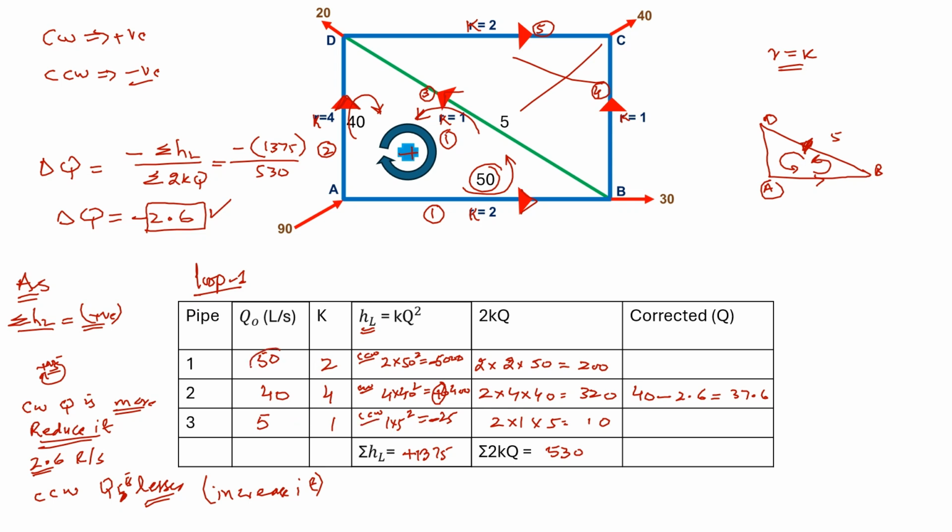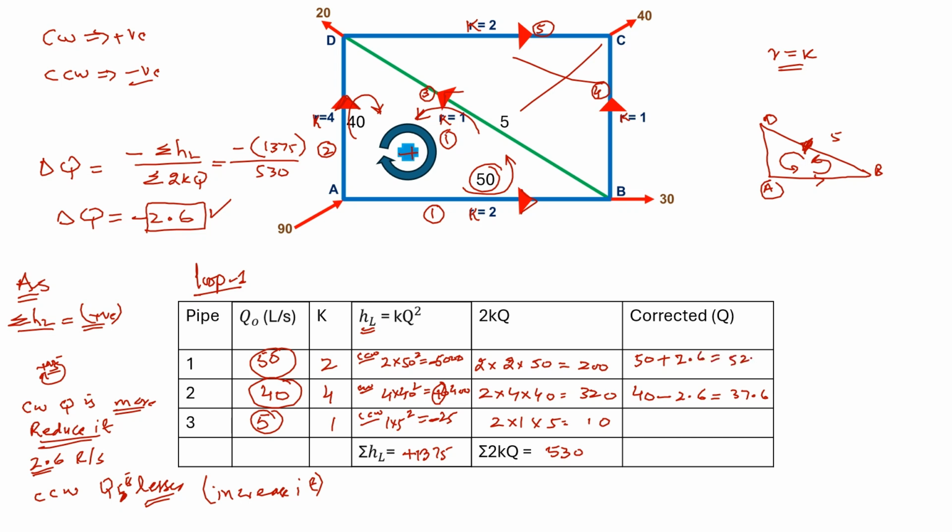We will apply correction on discharges, not on the head losses. These will just guide us on where to increase the discharge or where to decrease the discharge. Correction will be applied to the discharge already assigned to the pipe network. So this will be increased because HL has a negative sign here, by 2.6.